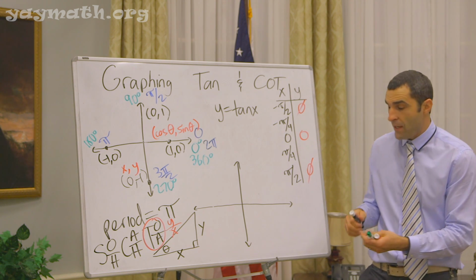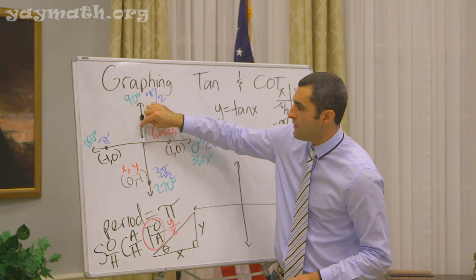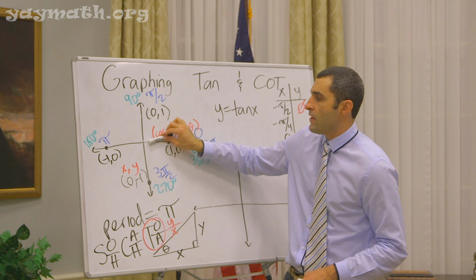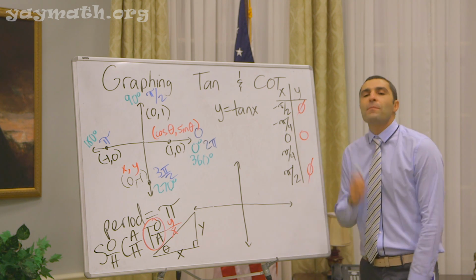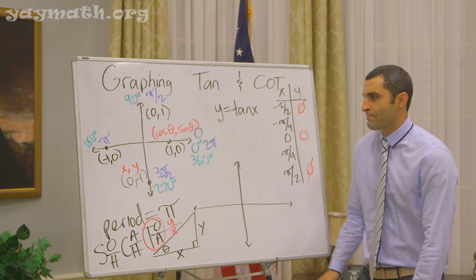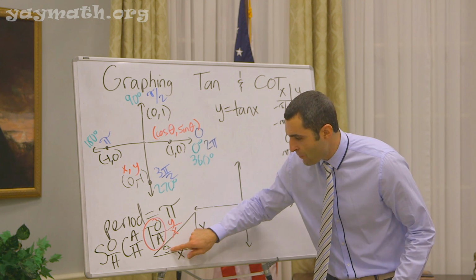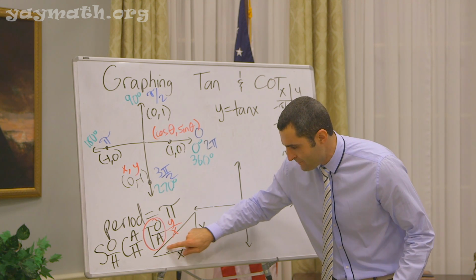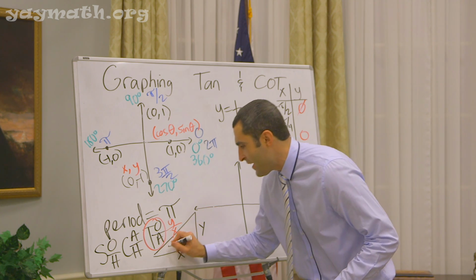Now, I want you to think it through. This is 0. This is 90. Again, this is 0. This is pi over 2. How many degrees would pi over 4 be? 45. Boom! We're going to put 45 in here now. It's a 45, 45, 90 triangle.